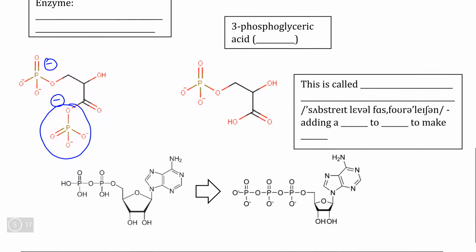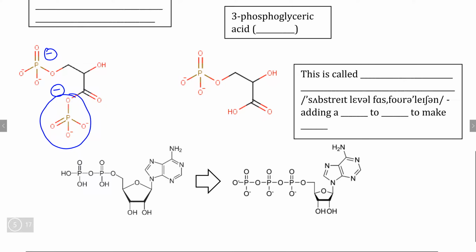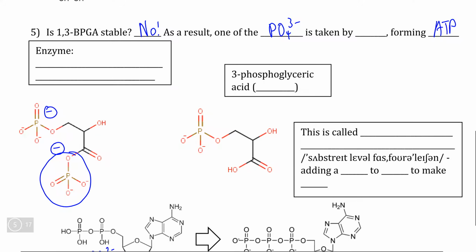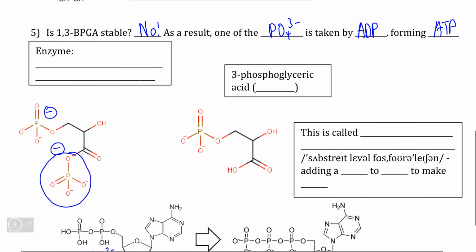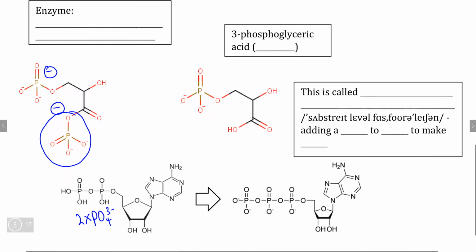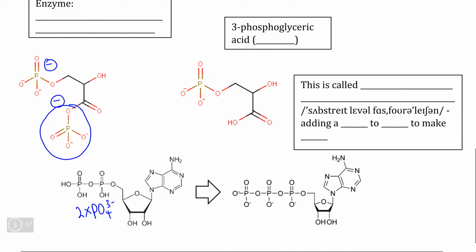So let's talk exactly about what method that uses. This molecule here looks like ATP, only we see that it has two phosphates rather than three. Therefore, this molecule here must be ADP, adenosine diphosphate, and we can make ATP by simply taking one of these phosphates in order to transfer it to ADP in order to make ATP.